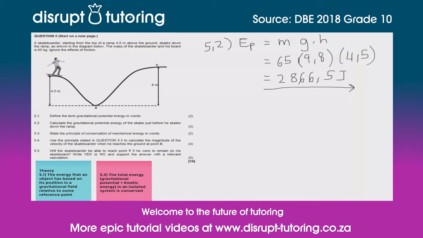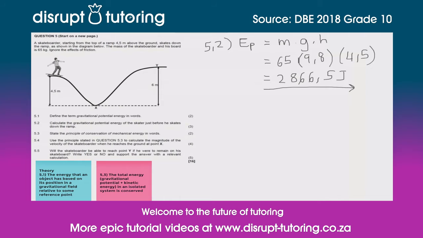I was saying earlier that this guy has a maximum potential energy at the top because his kinetic energy is zero. Mechanical energy is always EP plus EK, always.